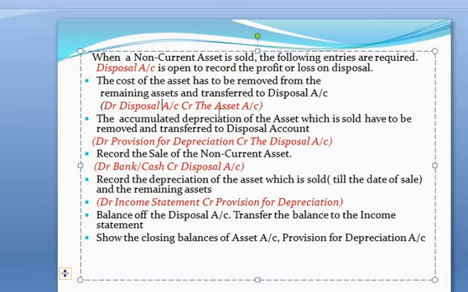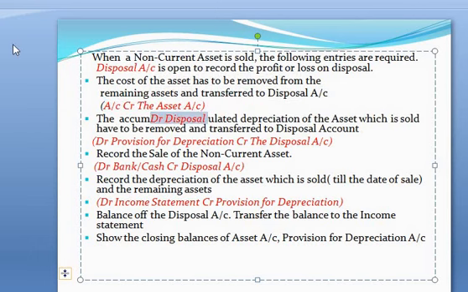So I repeat, an asset account has a balance brought down on the debit side. So if you are removing it, you credit the asset account and you debit the disposal account, right?